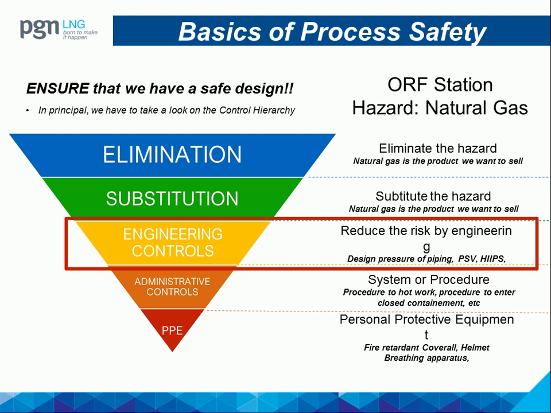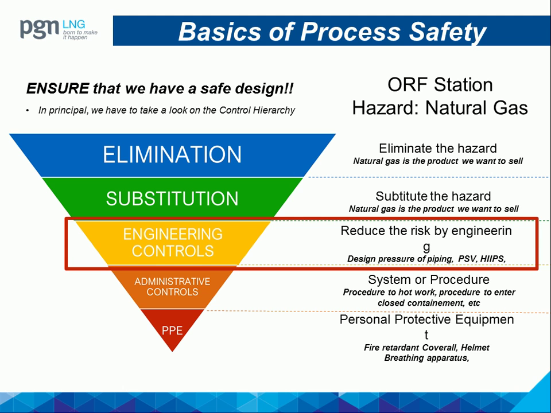So we go to the third part of the control hierarchy, which is basically engineering controls. This is what is normally done to mitigate process safety. During engineering, we would like to find the best solution on the design. So how we keep the product in the pipelines or in the storage tank.